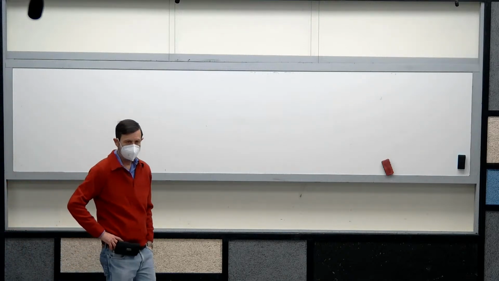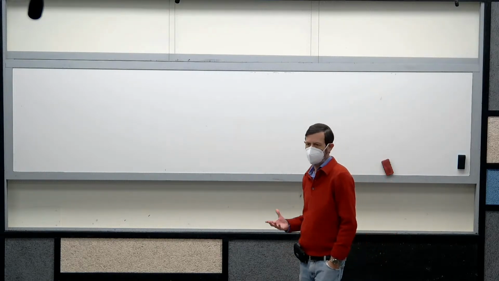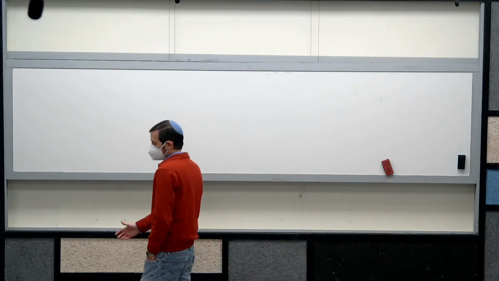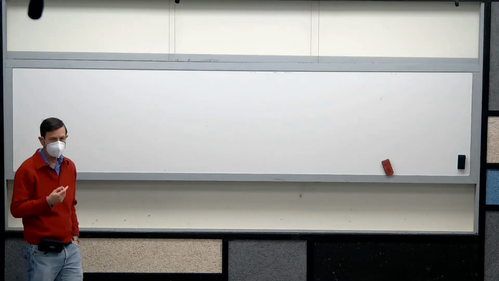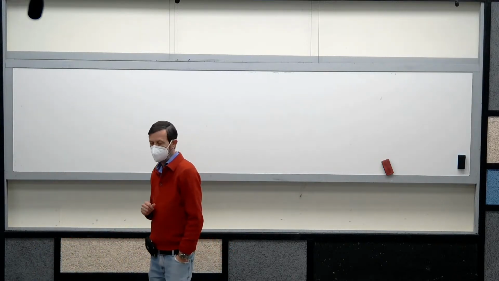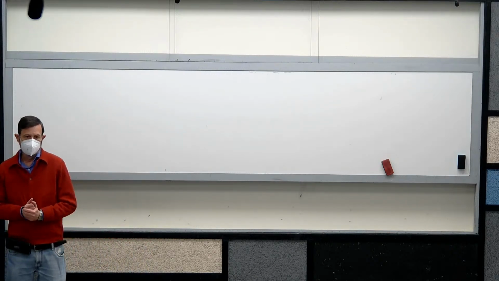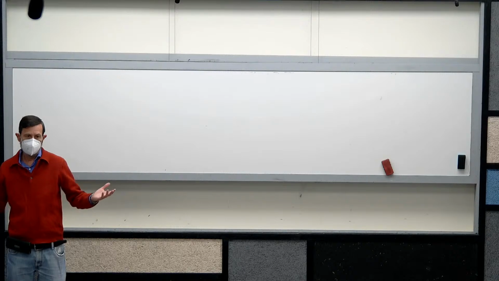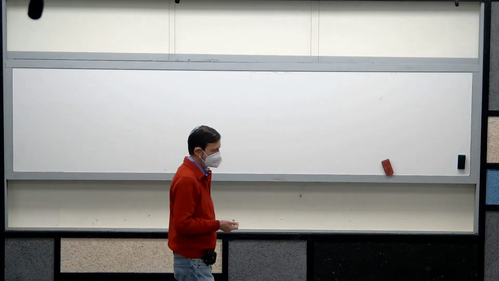Okay, so we ended last lecture by saying that if we want to write any single particle operator, we have to decide in which single particle base we want to represent it. And then write down two operators, a creation and annihilation.